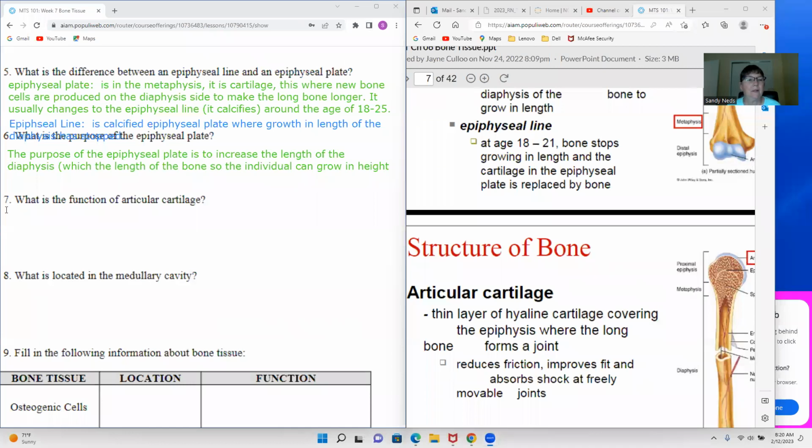So we know that the articular cartilage is found at the ends, or the epiphysis, of bones.